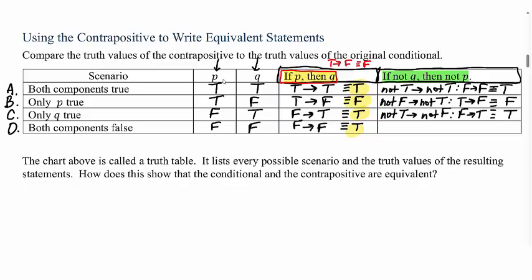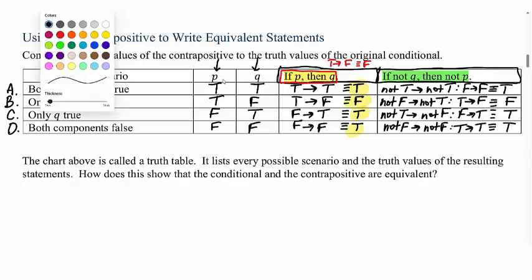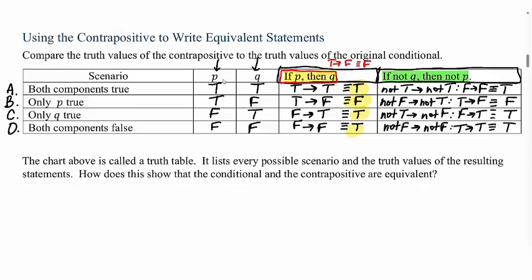And then finally, if they're both false, we would have not false implies not false, which is true implies true. And again, that doesn't fit the true implies false scenario, so it has to be true. So for the contrapositive, we got true, false, true, true.